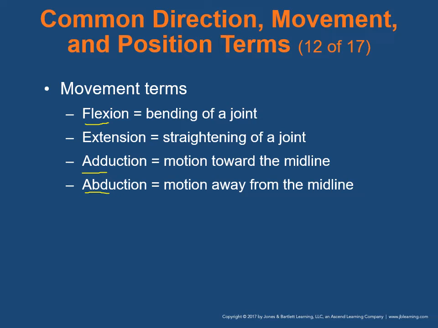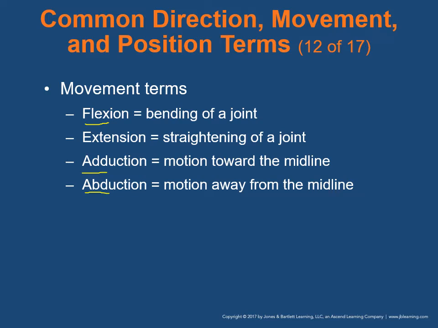You are adding your arm to your body. All right. Abduction. So if you take your arm from your side and pull it back out straight beside you, like your arms in the air like an airplane, all right, you're moving your arm away from the midline of your body. So you are having an abduction movement there.